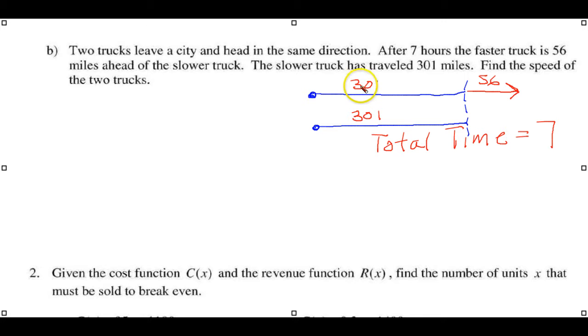The faster truck also traveled that 301 miles, but was 56 miles beyond that truck in 7 hours. So what we don't know here is what was the rate of speed.